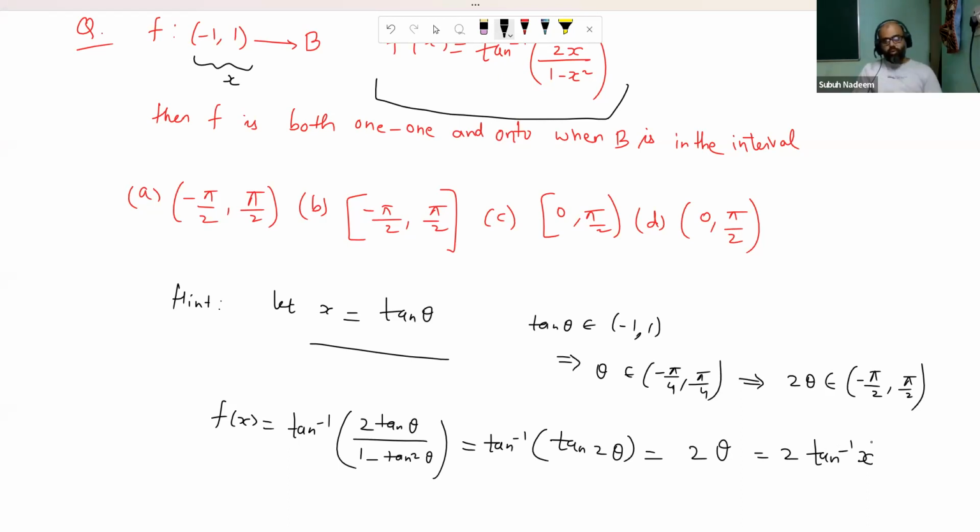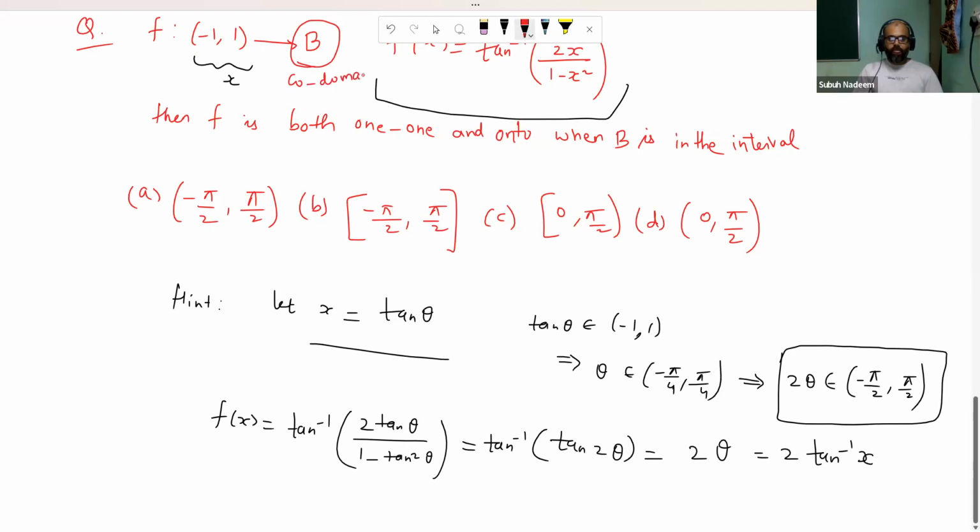So 2 theta, this value is minus pi by 2 to pi by 2. And this can be one-one and onto if all the values are being covered once. So it is possible if we take this set B, which is the codomain, as the range.